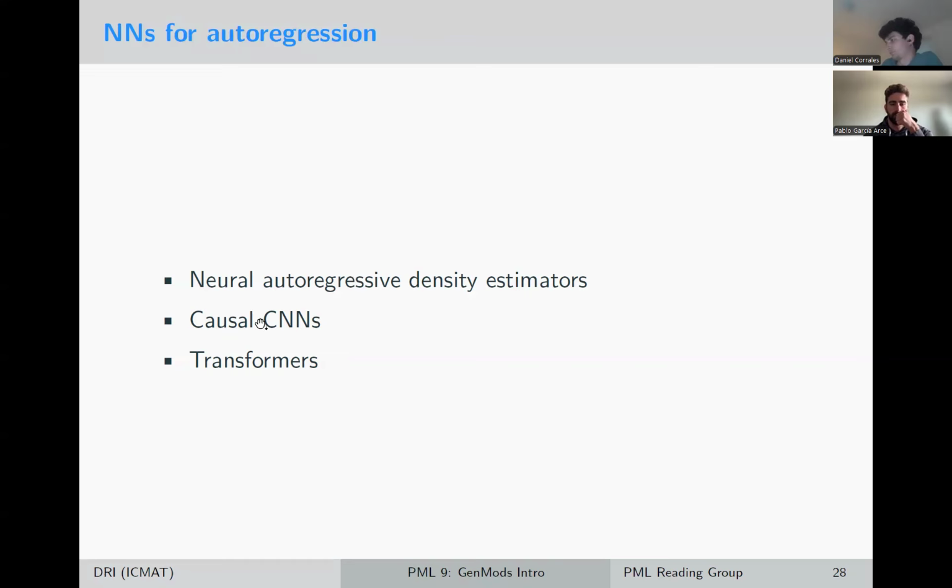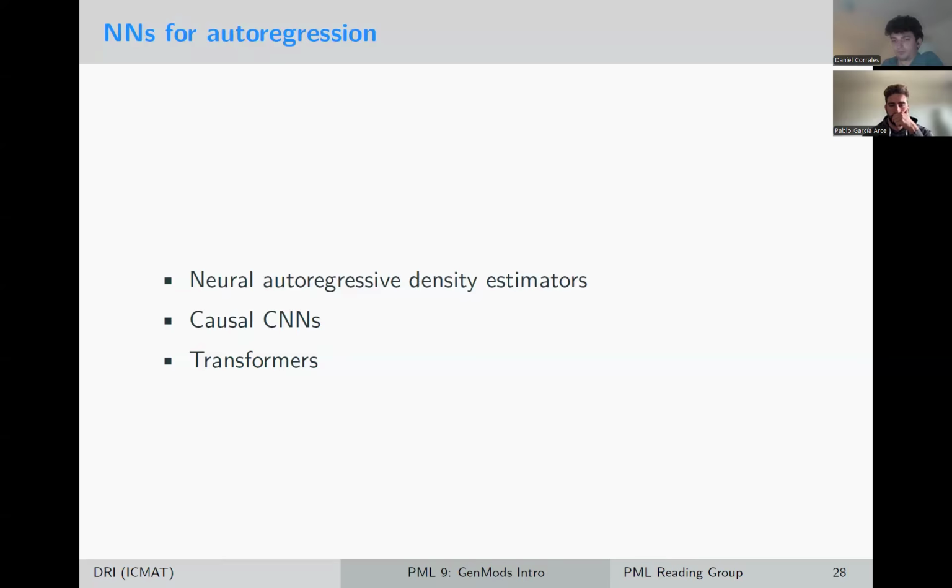It has been used as well with causal convolutional neural networks, and a different idea, as far as I know only through maximum likelihood estimation, has been used with transformers, which are the most popular autoregressive model.